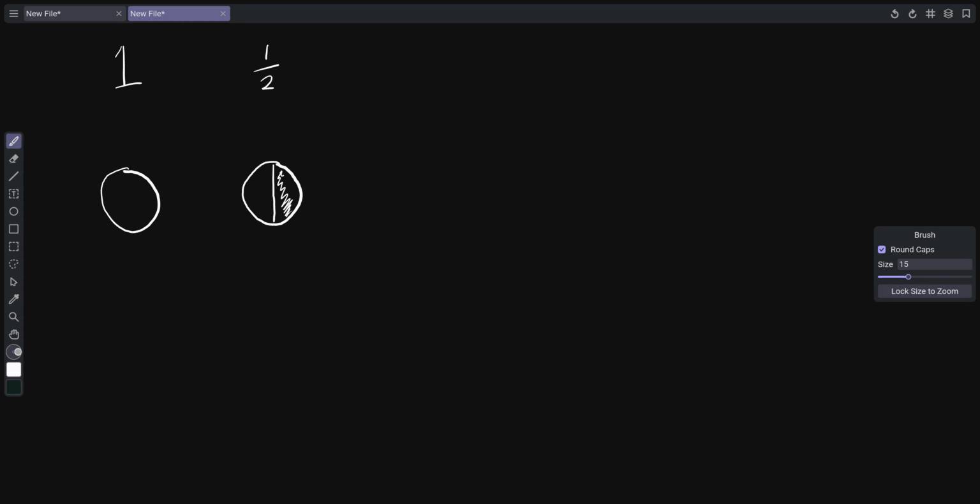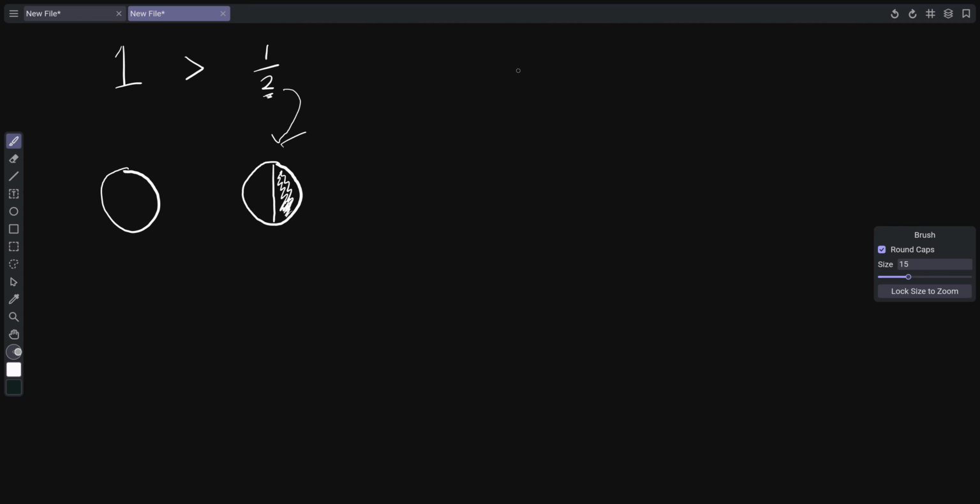And this also means that 1 is greater than 1/2, because even though we have this 2 down here, 1 is a whole circle, and 1/2 is only half of a circle. The 2 is only indicating the maximum number of parts within this circle.